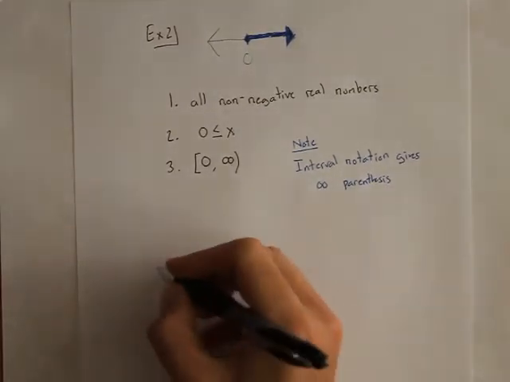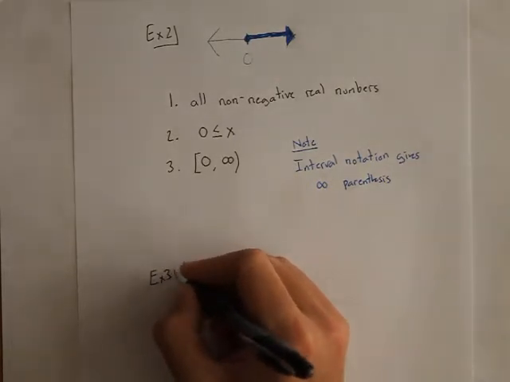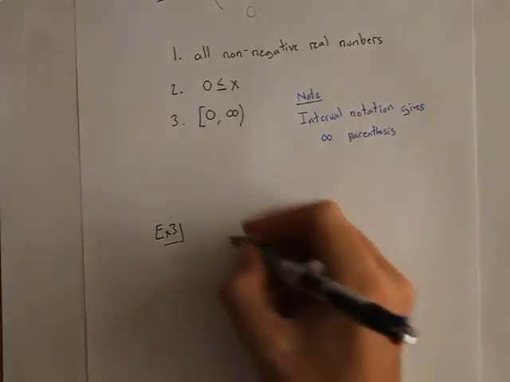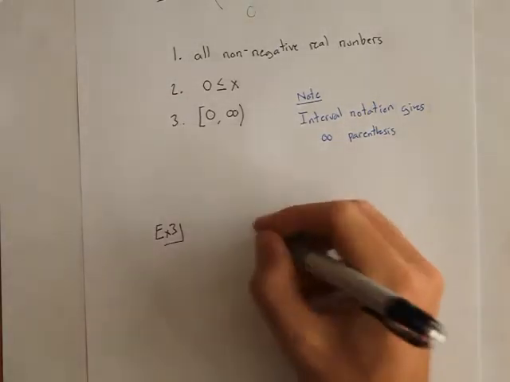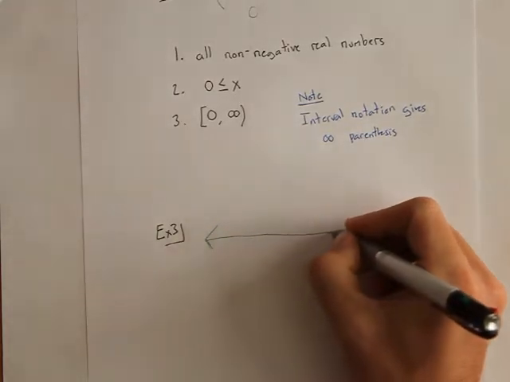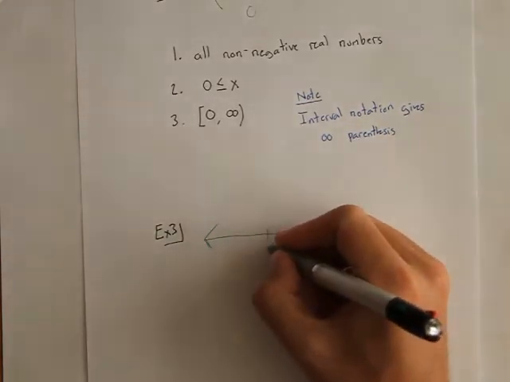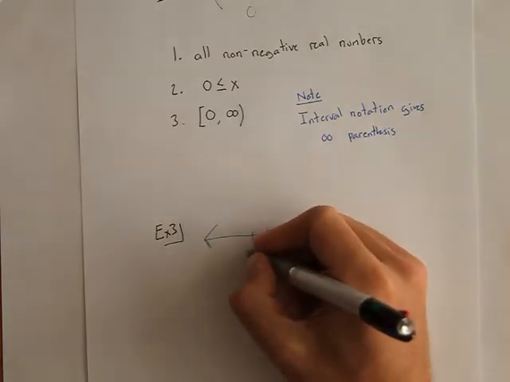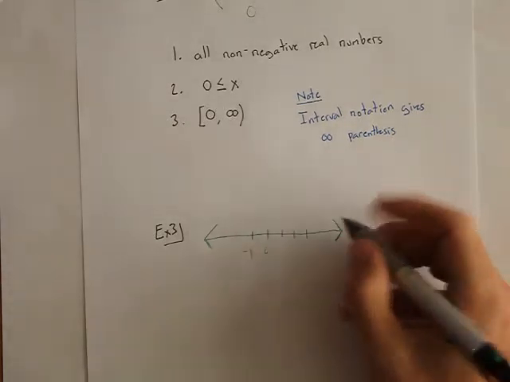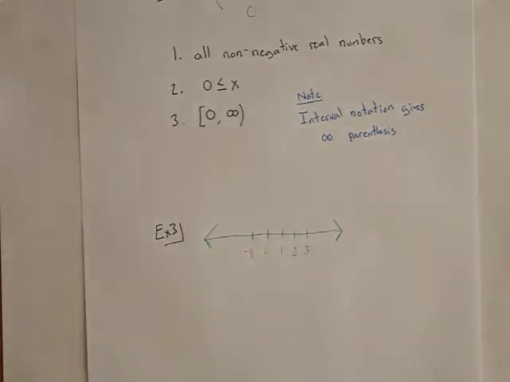Last thing I'm going to show here, I'm actually just going to show it in interval notation, because I don't think we need to see it in all three cases. But I want to talk about what would happen if you have multiple parts. So I'm going to draw my number line in. Let's go 0, -1, -3.